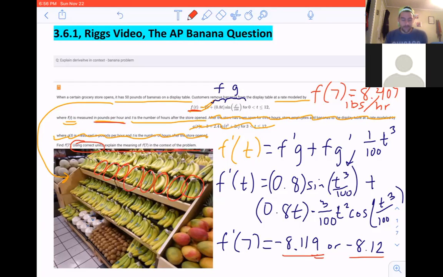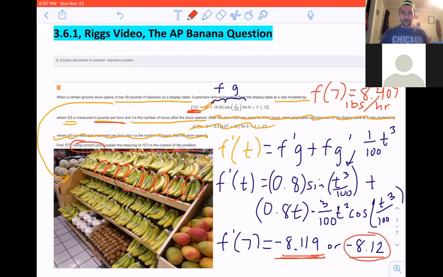But f prime of 7 wouldn't be saying, this is not saying like customers are removing 8 bushels or 8 bundles every hour. It's saying the rate of change, which is f of t, is changing at a rate of 8 point, I'll say 12 bananas per hour per hour.